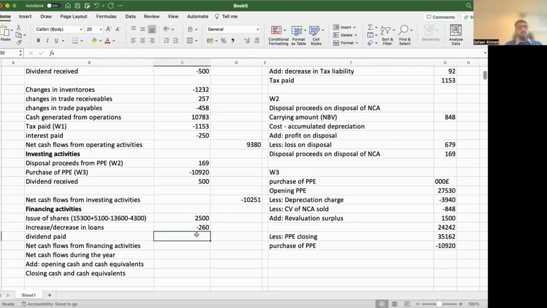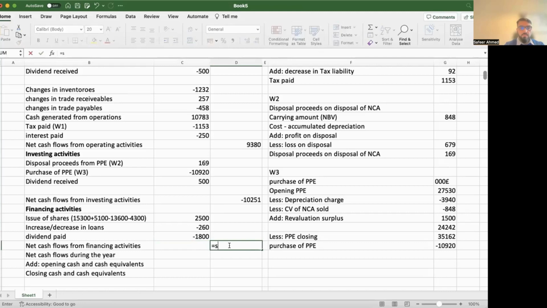But it can be argued that it can be recorded under operating activities because it is being paid out of the profits. So either way, it will be correct. So which is 1.8 million. Okay, so this will give you net cash flows from financing activities. So in other words, the sum of this will be your net cash flows from financing activities.